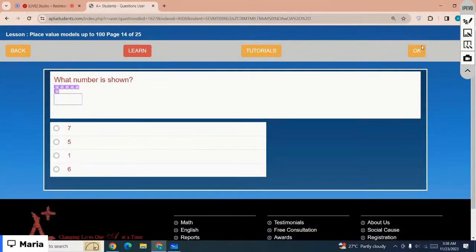Okay, what number is shown? You are given only the blocks for ones. How many? One, two, three, four, five, six. So that means the number they make is just six.